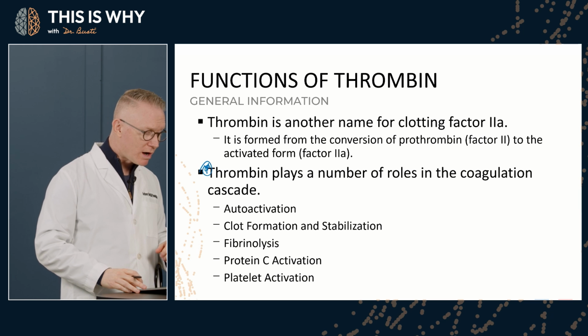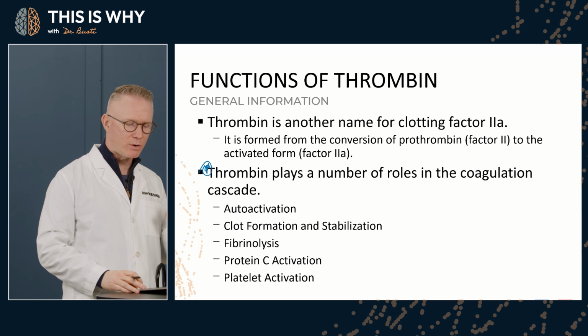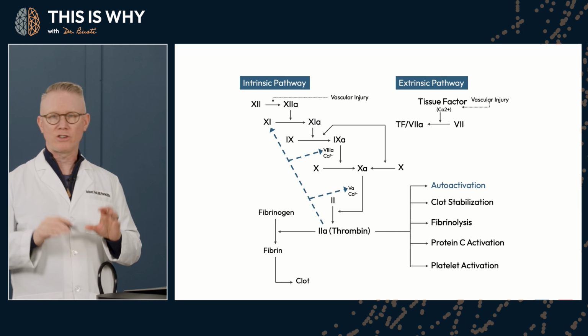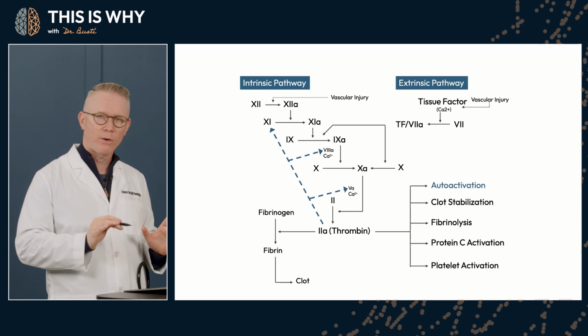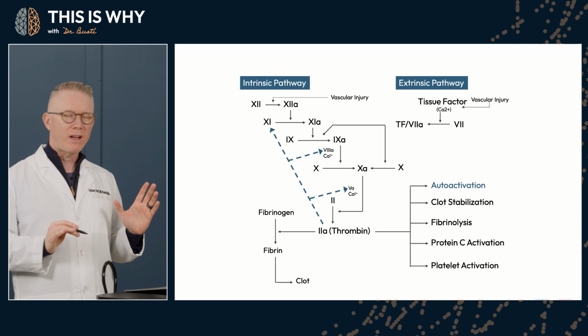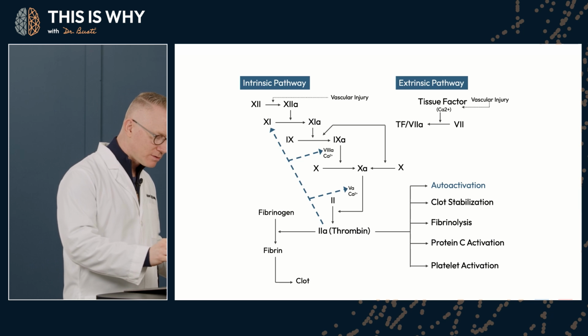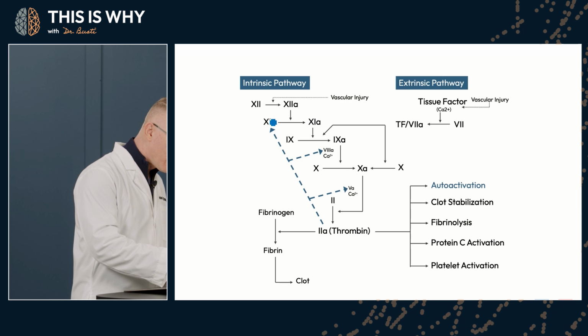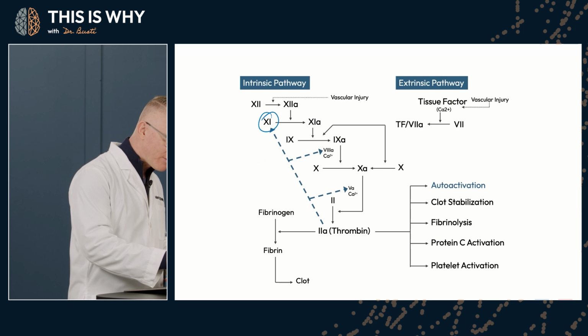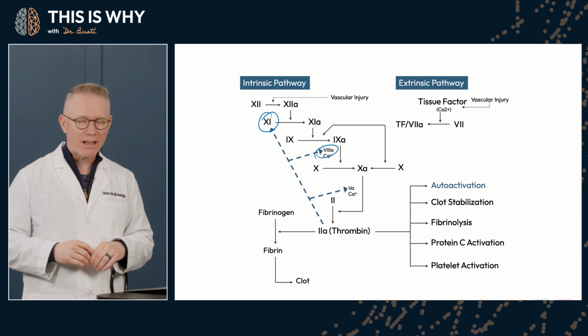Okay, so let's walk through each of those steps very quickly, one by one, looking at just the coagulation cascade. So autoactivation. So thrombin does an auto feedback on these clotting factors, right? You have factor 11, you have factor 8A.